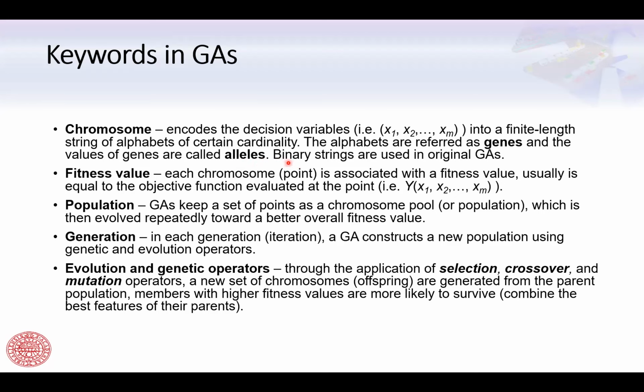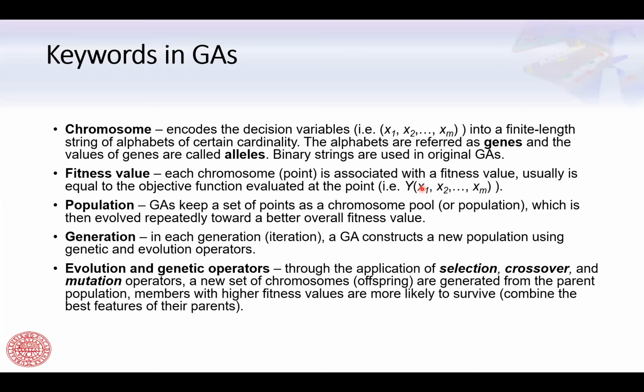But usually, after you start to use the genetic algorithm, you seldom go back to look at those terms at this level. The fitness value, however, is very important, because in most cases it is connected to the objective function. It is the y of your input vector, your decision vector.